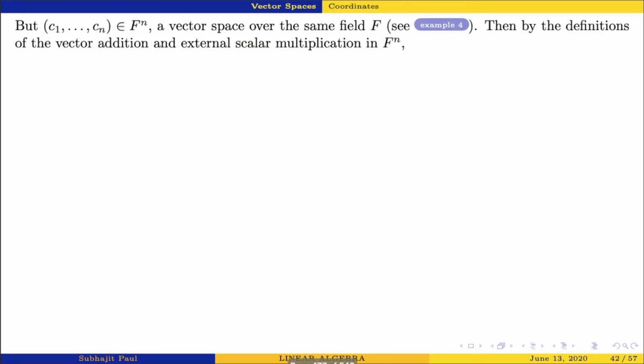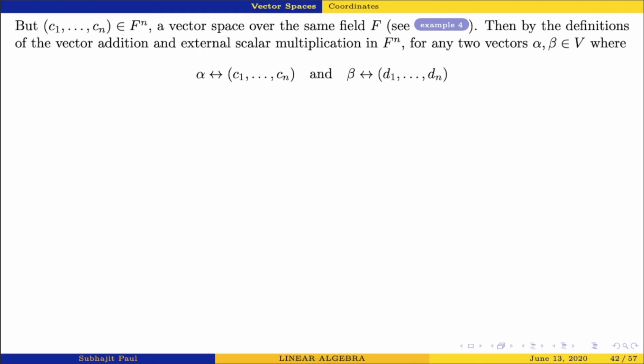For any two vectors alpha and beta in V, where alpha corresponds to the scalars c1, c2 up to cn, and beta corresponds to d1, d2 up to dn, considered as points in Fn, we have alpha plus beta, where alpha is c1 alpha 1 plus c2 alpha 2 up to cn alpha n, and beta is d1 alpha 1 plus d2 alpha 2 up to dn alpha n, according to this rule.